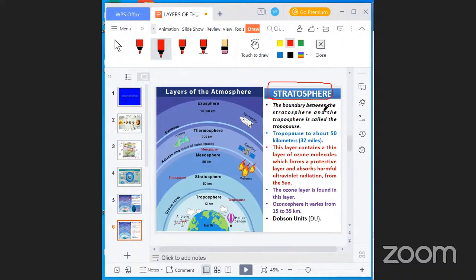The boundary between the stratosphere and the troposphere is called the tropopause. It is the region where aeroplanes fly. Because this layer is less turbulent, it provides a smoother ride. The jet streams flow near the border between the troposphere and the stratosphere, right?